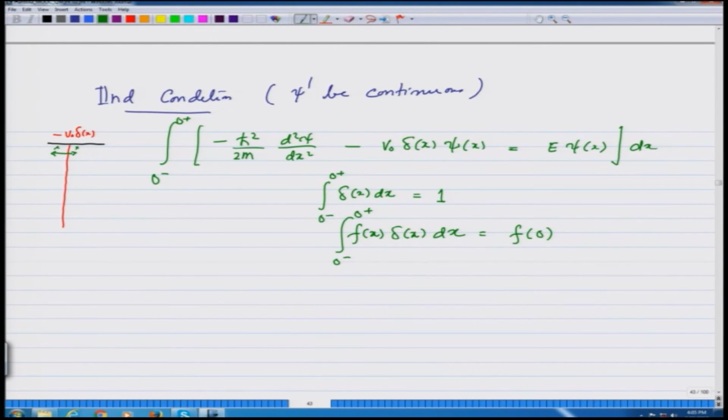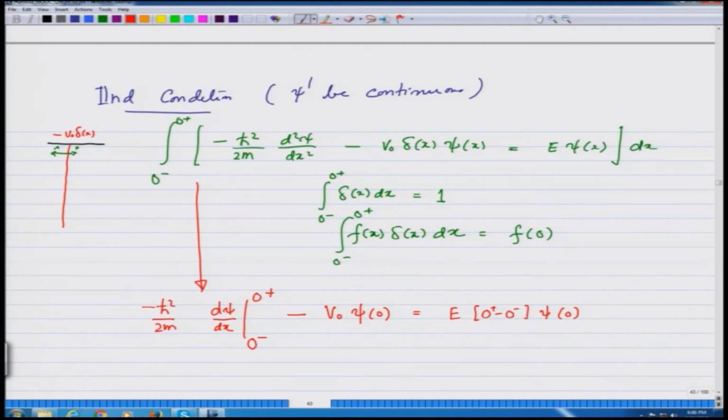So, therefore, what do I get from this equation? Minus h cross square over 2 m, when d 2 psi over dx square is integrated, I get d psi by dx, and this is from 0 minus to 0 plus, minus v 0 psi 0 is equal to E, some small interval which I can write as 0 plus minus 0 minus, times psi at 0.